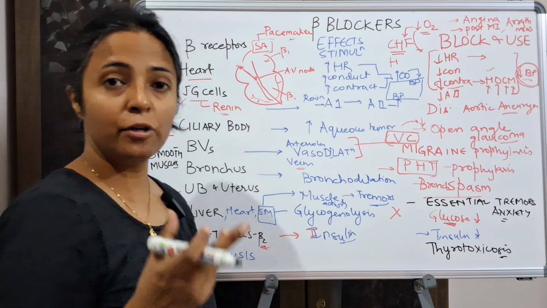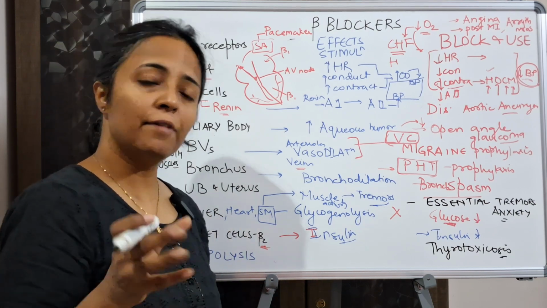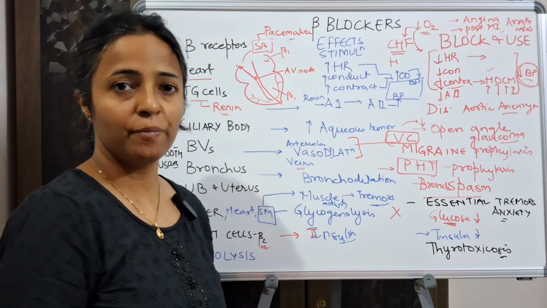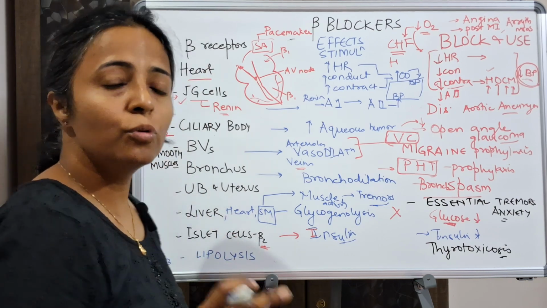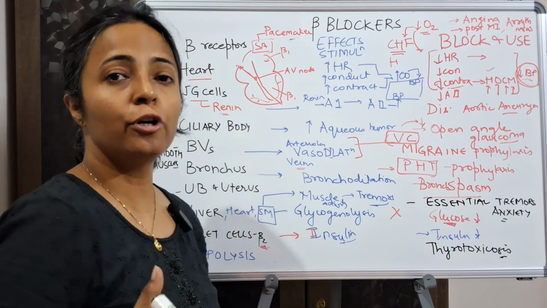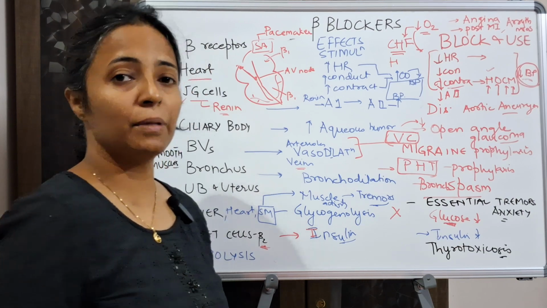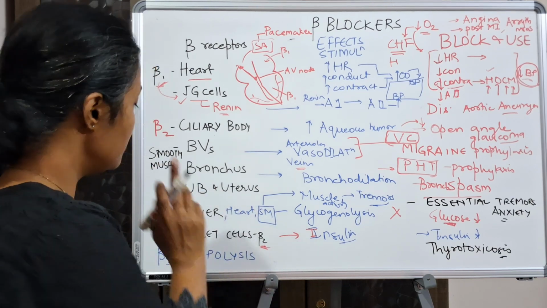If we want to operate on the thyroid for hyperthyroid status, we give antithyroid drugs, but they take some time to act. So in the meantime, beta blockers are given so that the effects of thyroid hormone, which also has effects with increased sympathetic activity, are blocked.